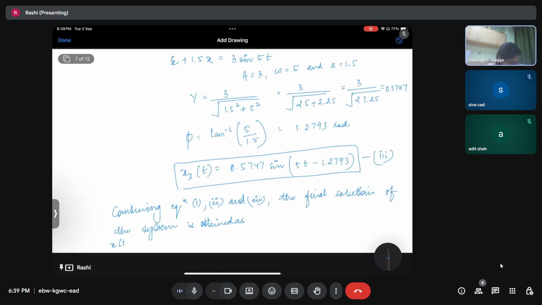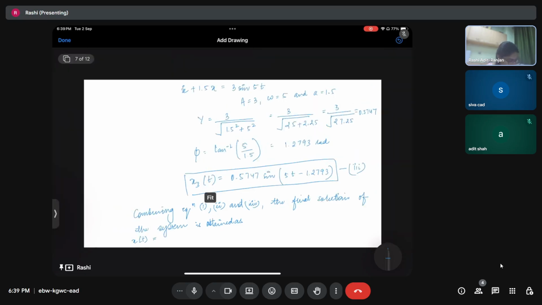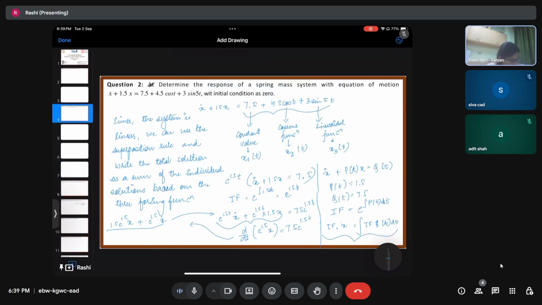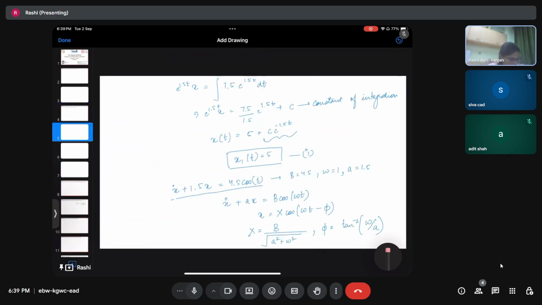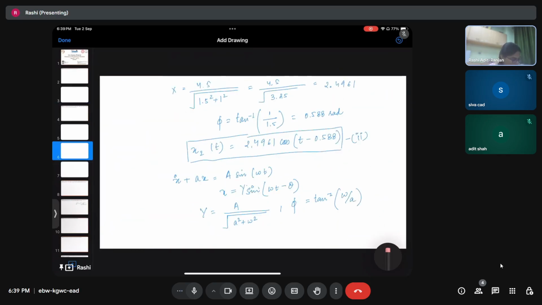x of t can be written as, so first one was 5 plus 2.4961.